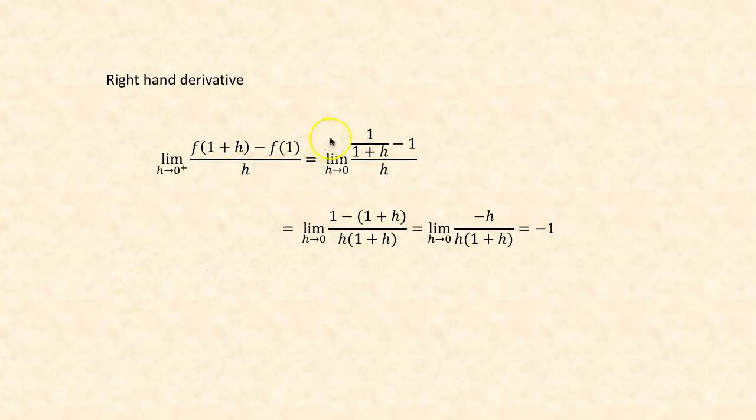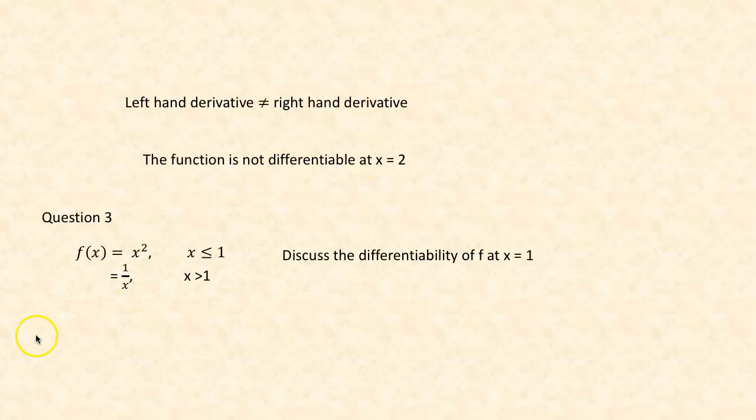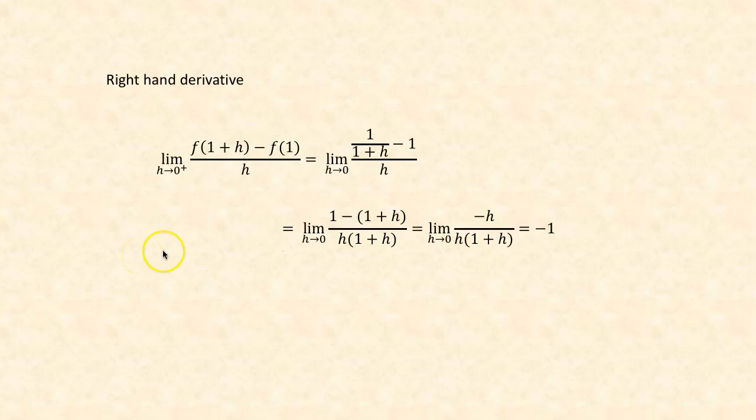So f of 1 plus h would be 1 by 1 plus h. f of 1 is 1 squared, which is 1, by h. Taking the LCM, this is limit as h tending to 0, 1 minus (1 plus h) by h into (1 plus h), that is limit as h tending to 0, minus h by 1 plus h. The h cancels and substituting limits you get minus 1.